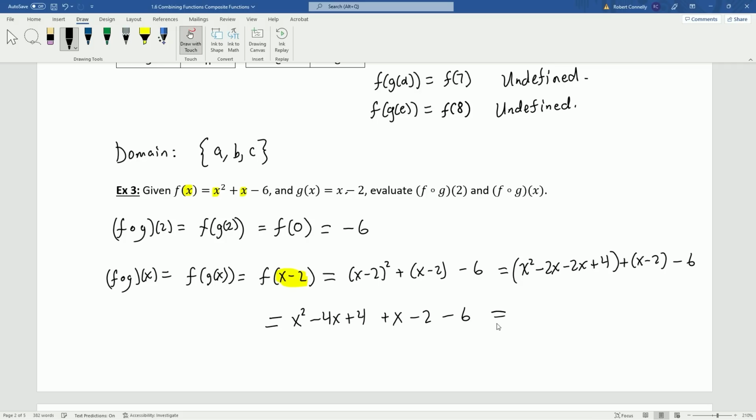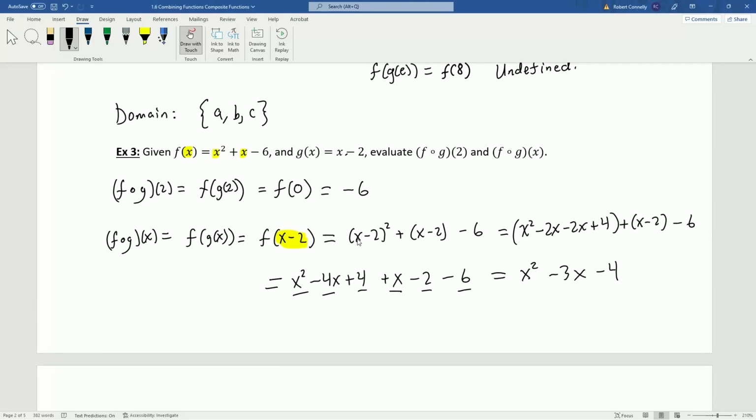All right, now let's finally combine these. We only have one x squared term, so that's fine. This is negative 4x plus x, that's minus 3x. This is 4 minus 2 is 2. Minus 6 is negative 4. All right, so that is f of g of x.